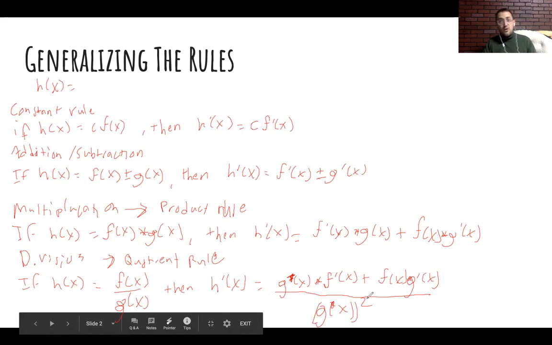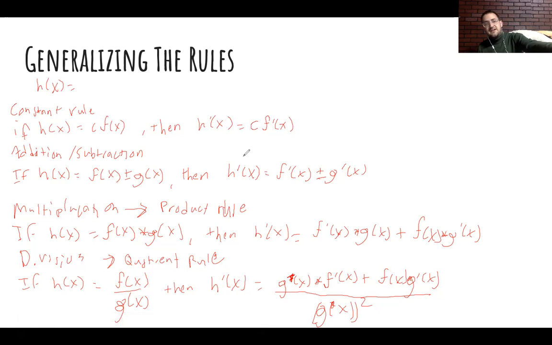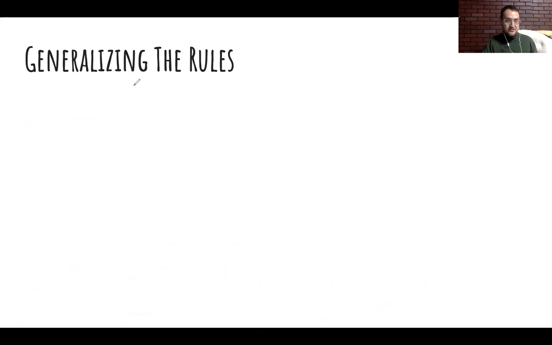All right, and then there's one more rule that we will discuss. But first, you can see them side by side. When you have multiplication and division, those are your product rule and quotient rule setups. We also have the chain rule setup. This is the function composition type of scenario.